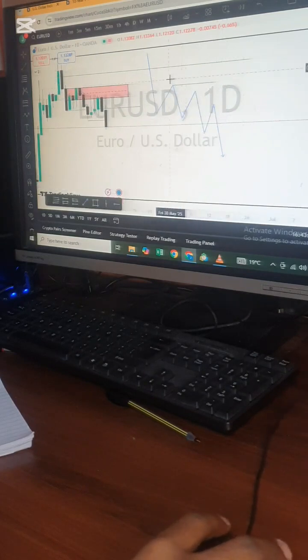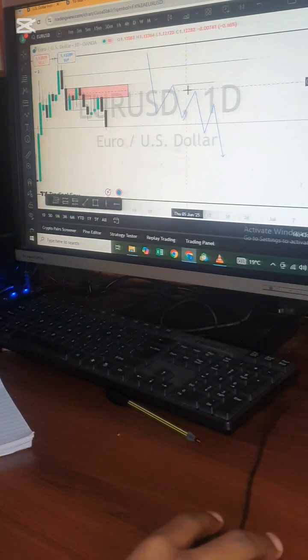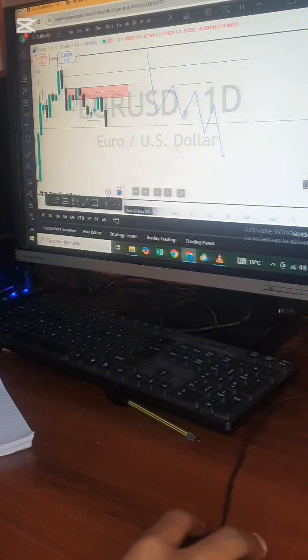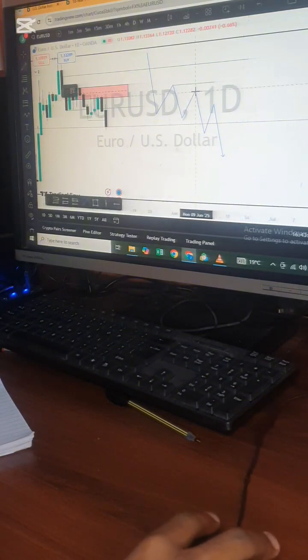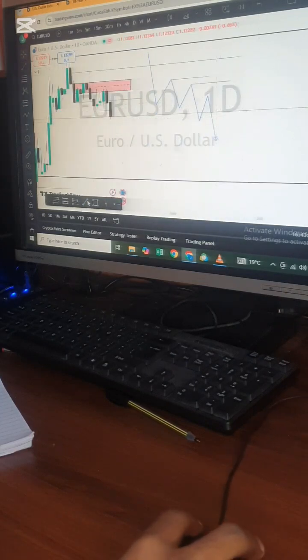If it's an uptrend, price will break above this one, then it will trade higher. As you can see, this is like stairs. They're going down because every stair, as you can see, seems to be breaking above.